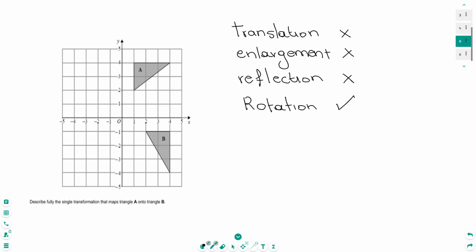If we check two corresponding vertices, for example, this one and this one, and connecting this through the origin, we see the angle is 90 degrees.